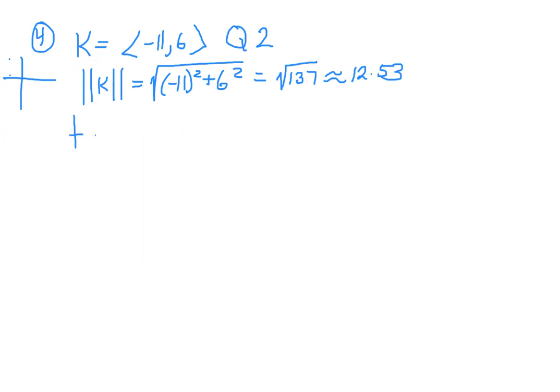Now let's do our tangent. Tangent theta equals 6 over -11. You put that in your calculator, and what do you get? 6 divided by -11. You get -28.61.